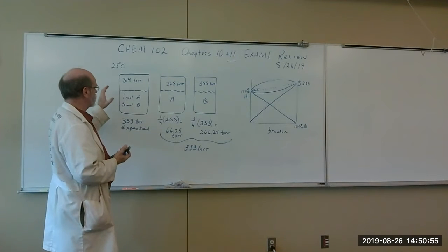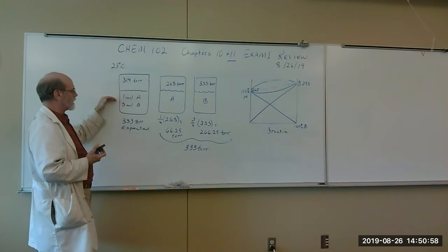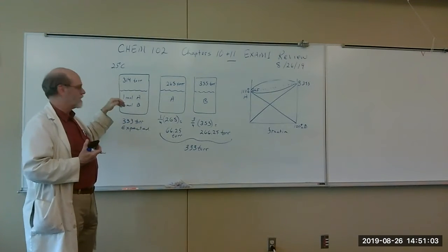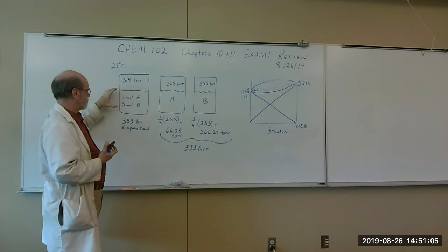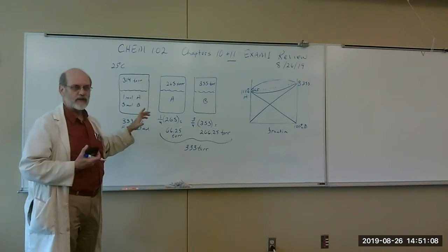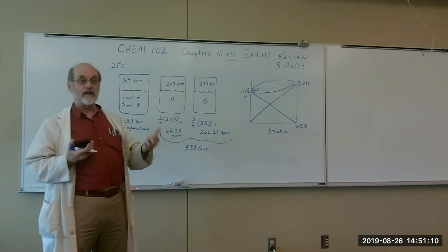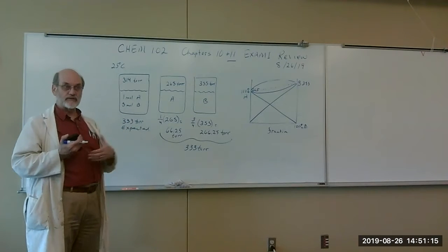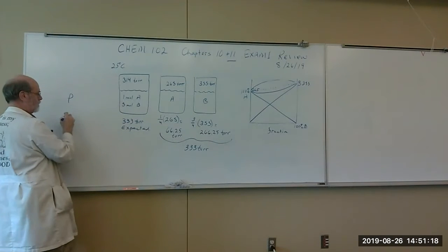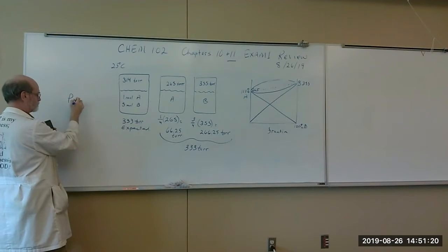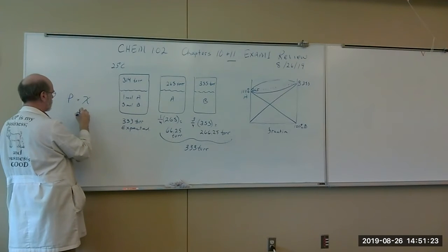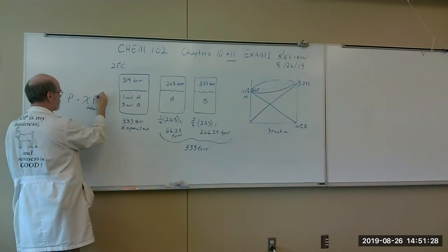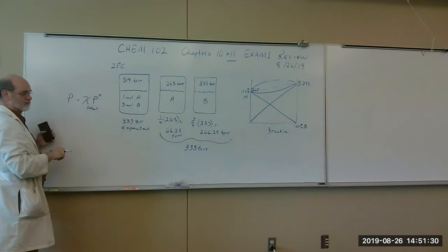Now this is the case where two volatile liquids are put together. If you have a non-volatile solute in a volatile solvent, then the calculation is very simple. The actual pressure is equal to the mole fraction of the solvent times its pure pressure, right?